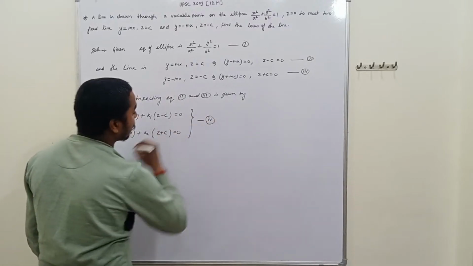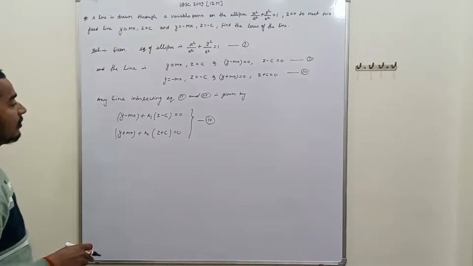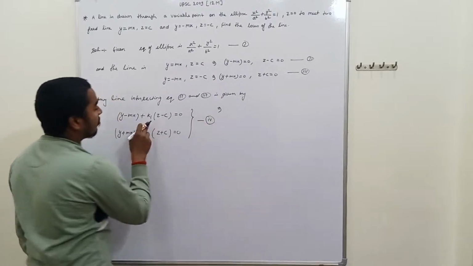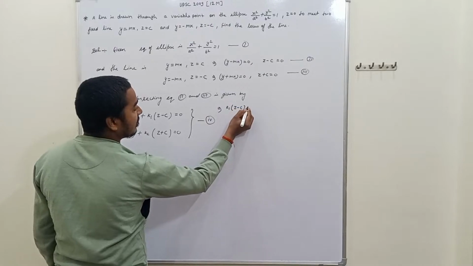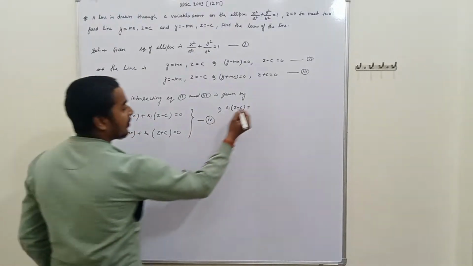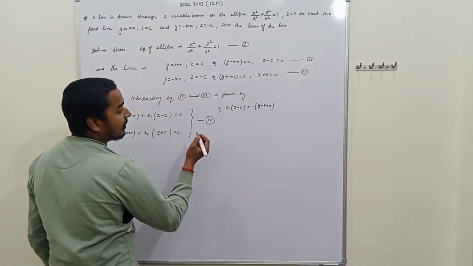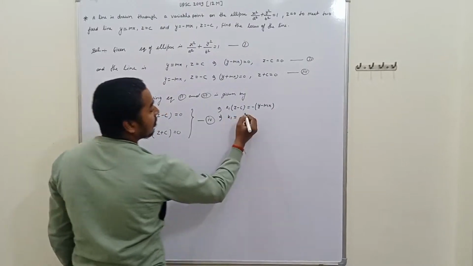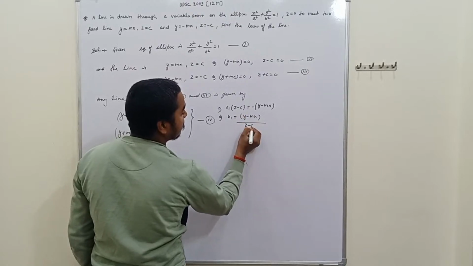From here we have to find the values of k1 and k2. For k1, k1 into z minus c is equal to, taking y minus mx to the right hand side, minus of y minus mx. From here, k1 is equal to minus of y minus mx upon z minus c.